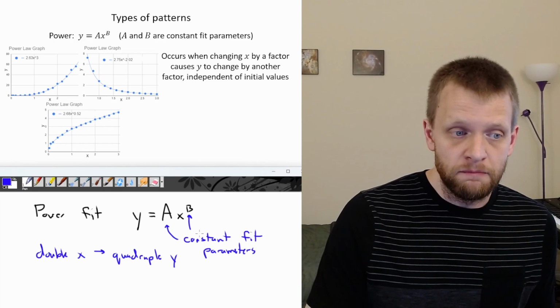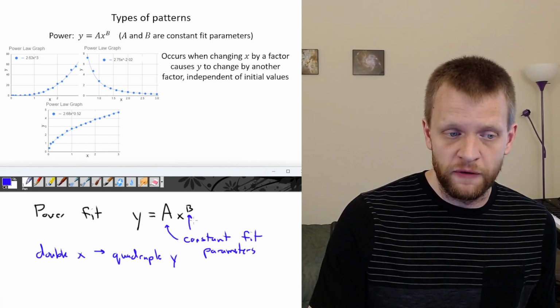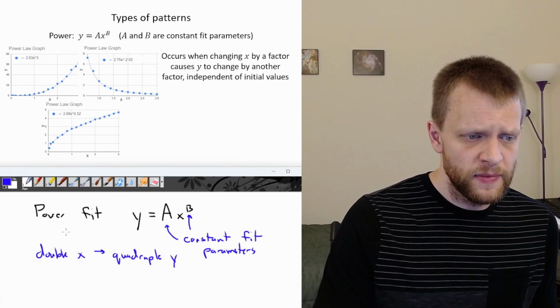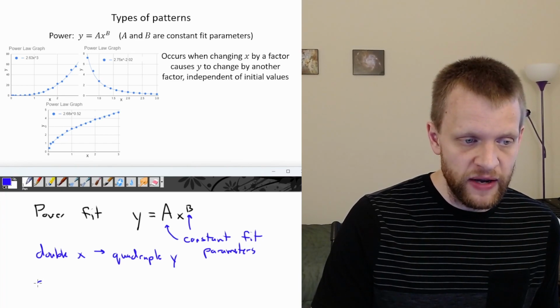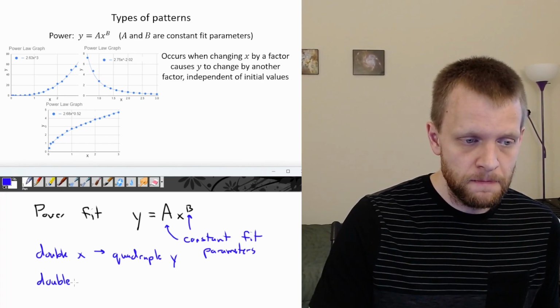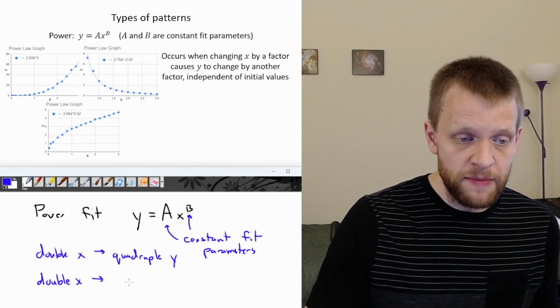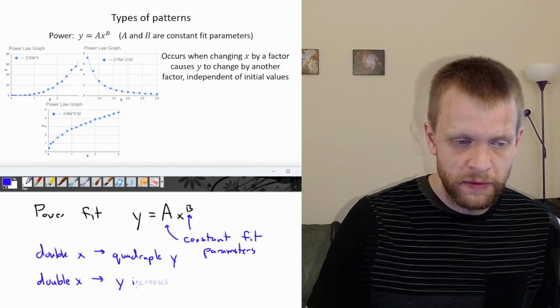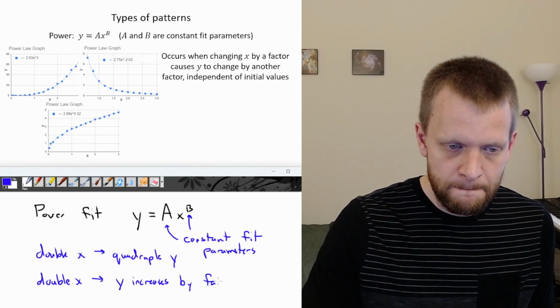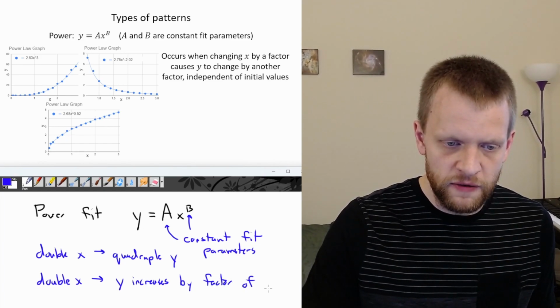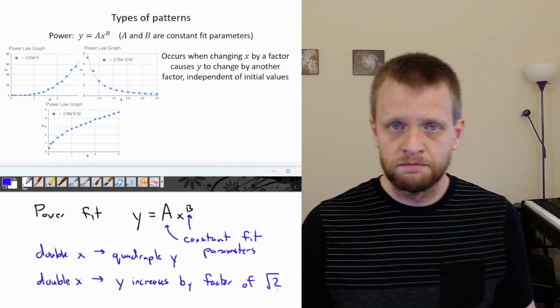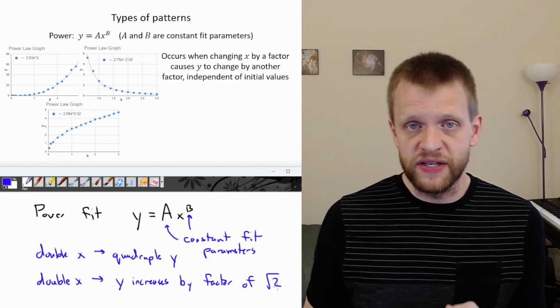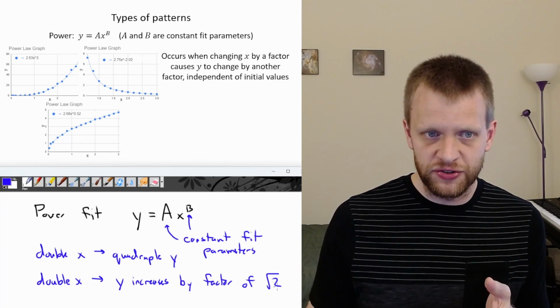That would be matching with this kind of power fit. Or if I have a case where if I double x, maybe y increases by a factor of root 2. Okay? That would be another one of these power fit equations.